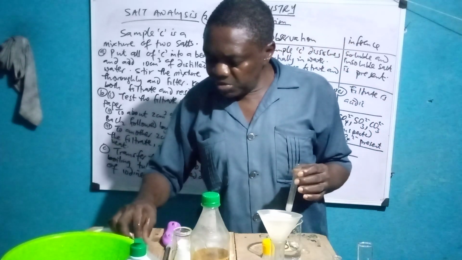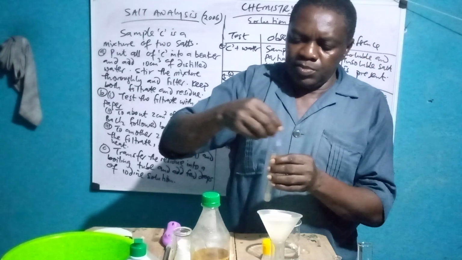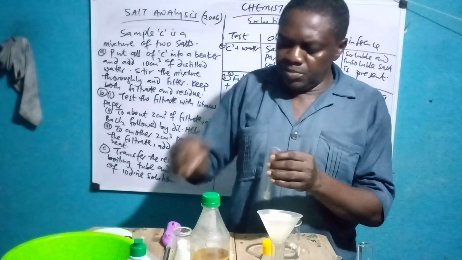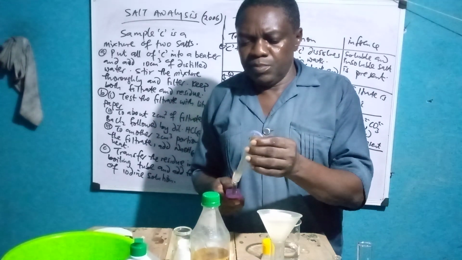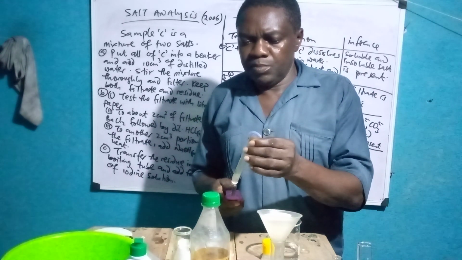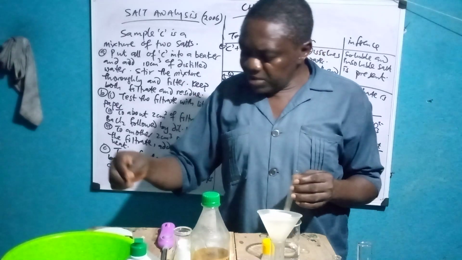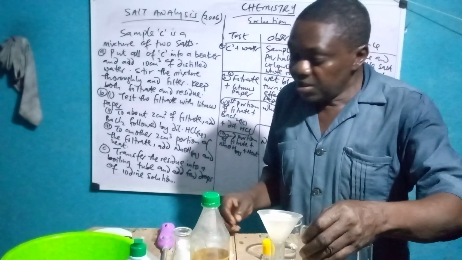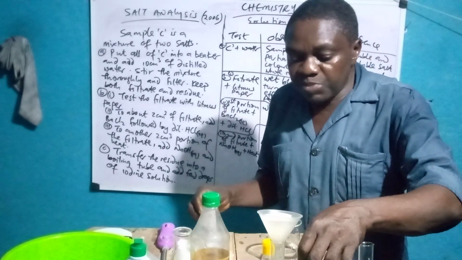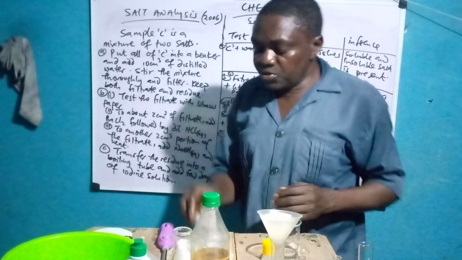Let's use the blue litmus paper. No color change, it still remains blue. While the other one became blue from red. So if you use blue litmus paper, no color change. But when you use red litmus paper, it changes it to blue.